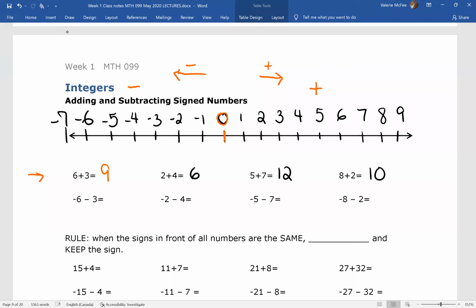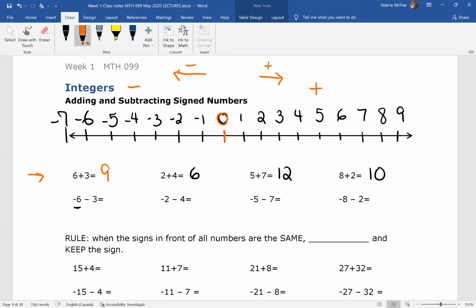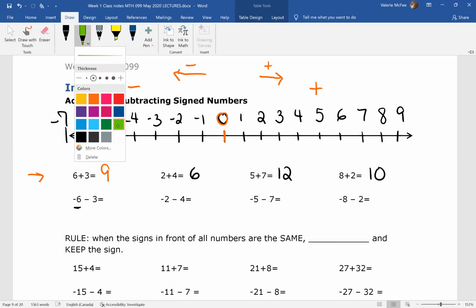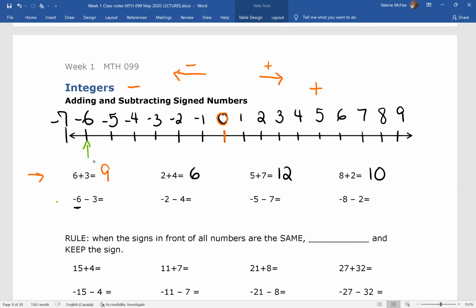Let's look at our number line and see if we can use that. So we're going to start at -6, and then we're going to subtract 3. Remember, when we're subtracting, we're going to the left. We end up at -9.